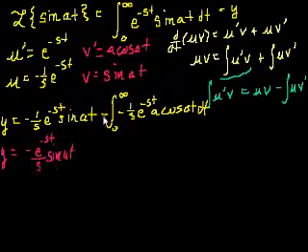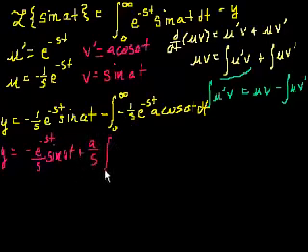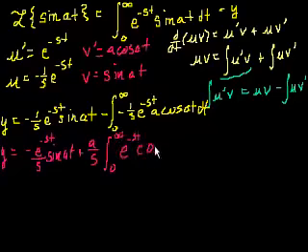So you have a minus minus, plus a over s, and these two negative signs cancel out, times the integral from 0 to infinity of e to the minus st cosine of at dt.